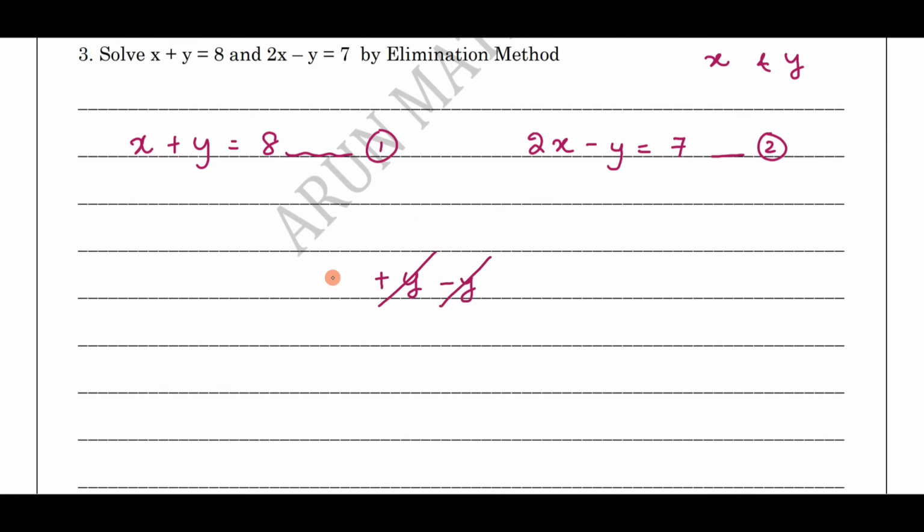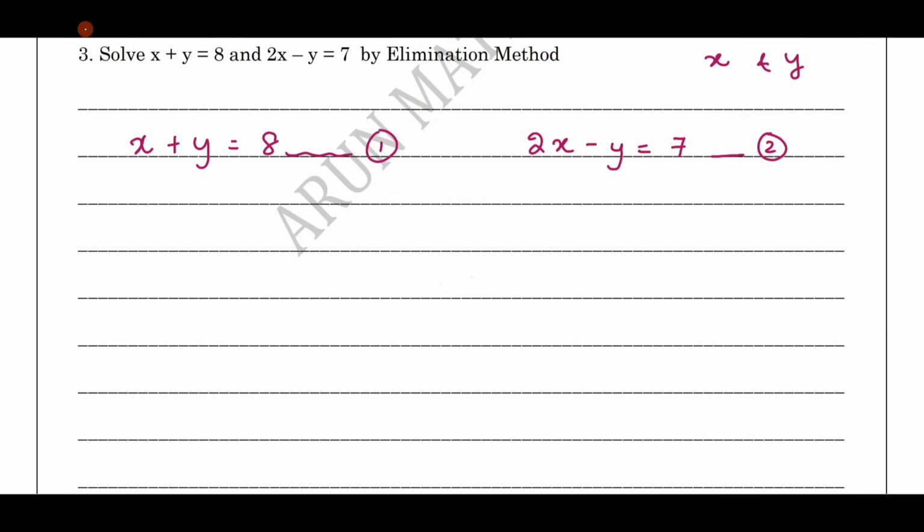That means you can eliminate the variable y here. To eliminate or cancel, you should have the same variable, the same coefficient, and the sign should be opposite. Here you have plus y and minus y. That means if you add these two equations, you can eliminate the variable y.